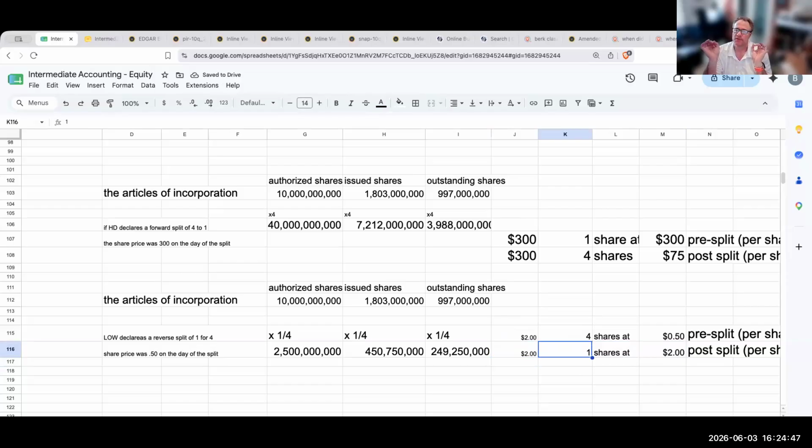So I'm literally in the same position, but these have very different meanings. Generally, when you start doing reverse splits, they smell blood in the water. It's the last thing you want to do. I've been a board member of companies where that's actually happened. But that's the difference between a forward split and a reverse split.